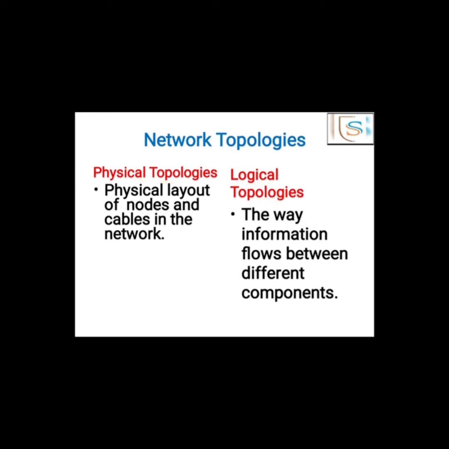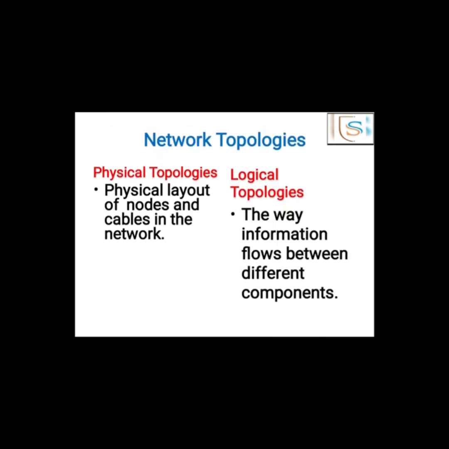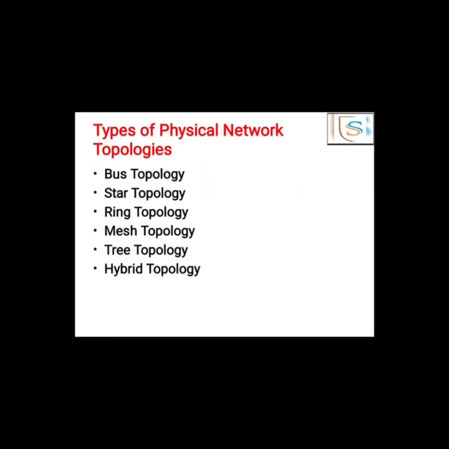In physical topologies, we decide the physical layout of the various workstations, where I want to place my workstations, how they are arranged. Whereas in logical topologies, we decide how my data flows, how my information flows between two different computers. So in this particular video we will be discussing physical topologies.